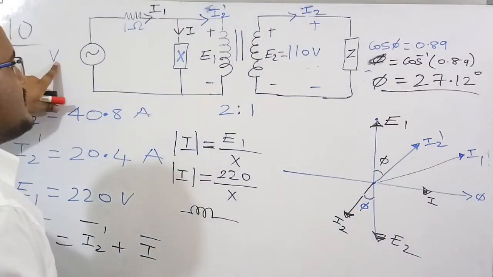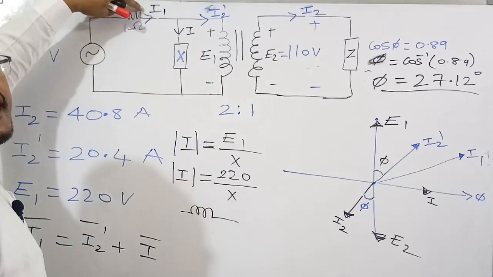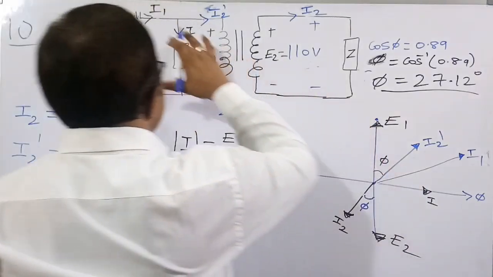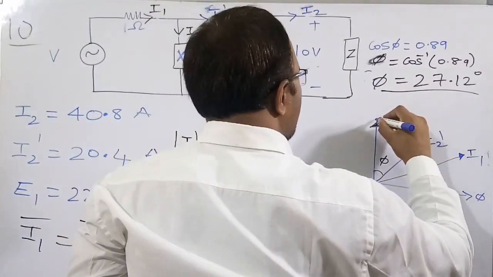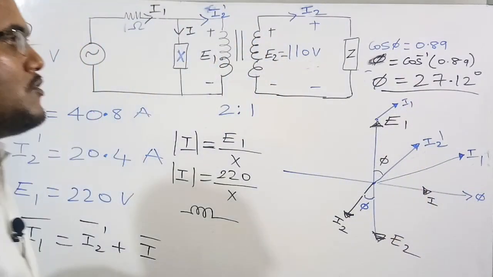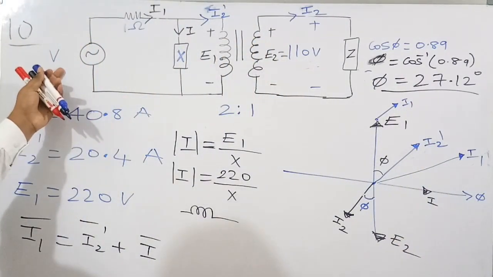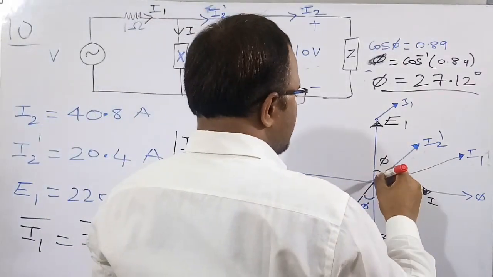The net voltage V is equal to E1 plus the voltage across the resistor, and these are in phase. So V is equal to E1 bar plus I bar, and if you do this you will get it like this.